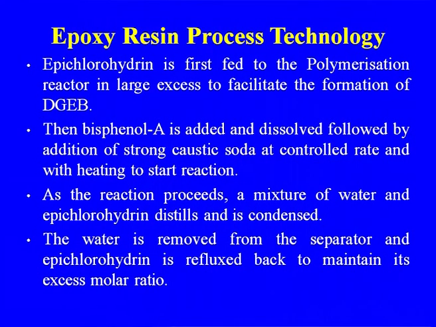Then bisphenol is added and dissolved, followed by addition of strong caustic soda at a controlled rate and with heating to start the reaction. As the reaction proceeds, a mixture of water and epichlorohydrin distills and is condensed. The water is removed from the separator and epichlorohydrin is refluxed back to maintain the excess molar ratio in the polymerization.